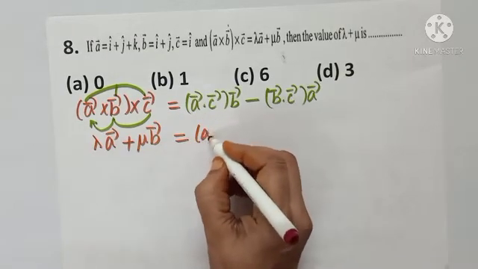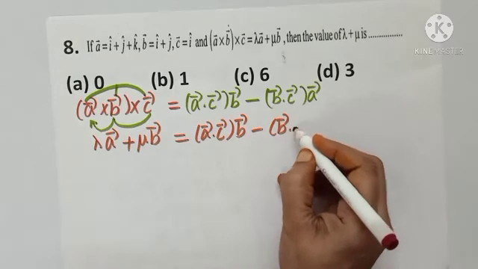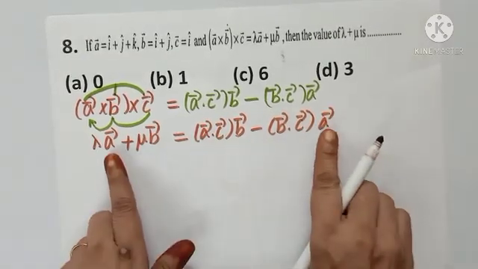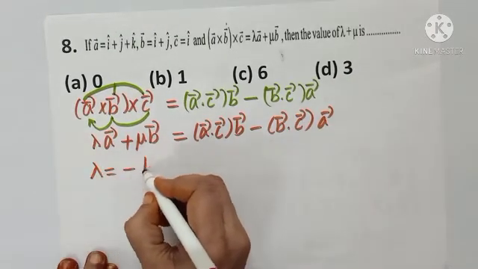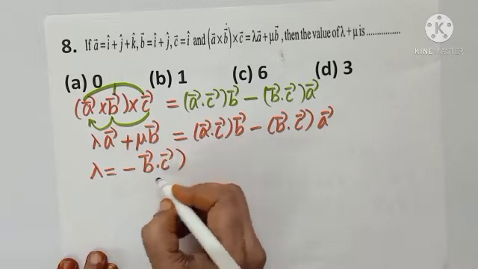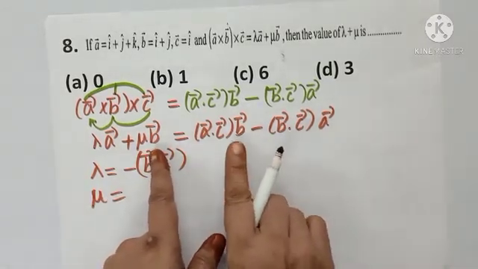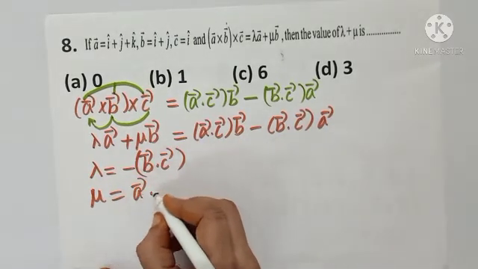I compare with A dot C into B minus B dot C into A. Comparing A and A, I get lambda equals minus B dot C and mu equals A dot C.